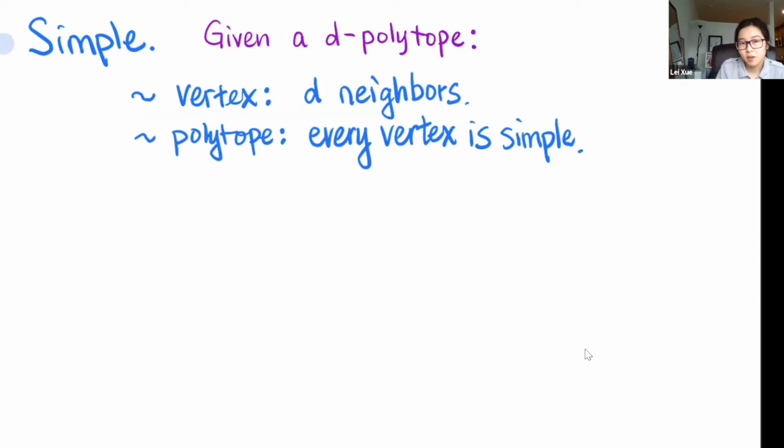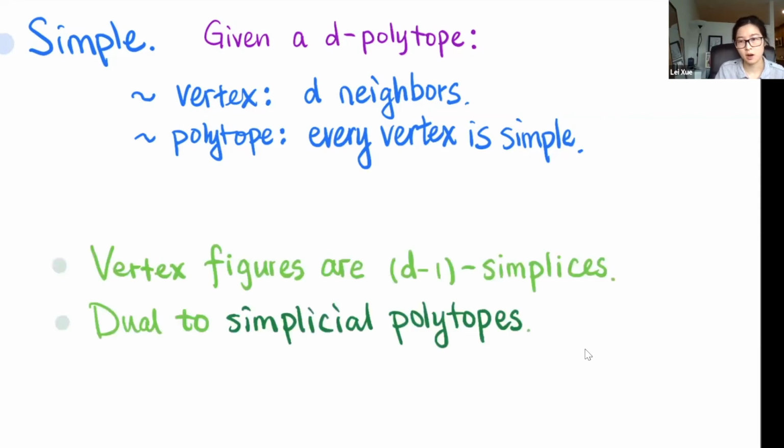And if every vertex of a polytope is simple, then we say the polytope itself is simple. This is one of the several equivalent definitions of simple polytope. Here are the other two, propositions of simple polytopes. Vertex figures at each vertex would be simplices. And given a simple polytope, its dual would be simplicial.